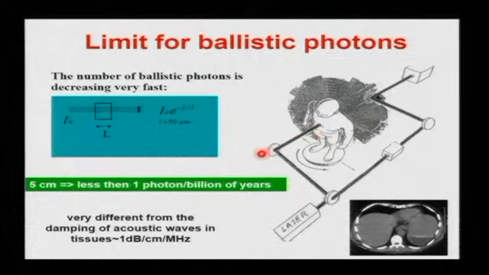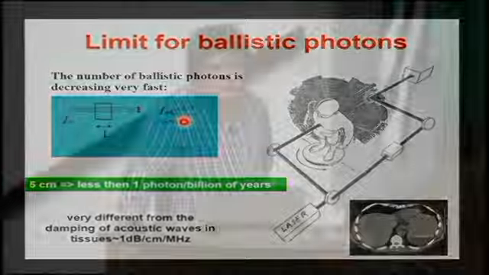The ballistic photons that propagate through have a very low probability. When we consider light propagating through biological tissue, we have a so-called exponential decay, known as the Beer-Lambert law.